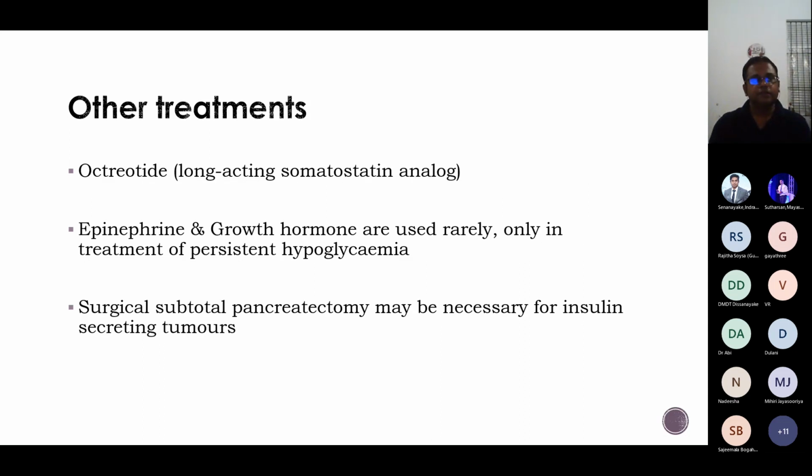And other treatments, octreotide, which is a long-acting somatostatin analog, and epinephrine and growth hormones are used rarely. And sometimes we might have to do a surgical subtotal pancreatectomy, especially if they are having an insulin secreting tumor.